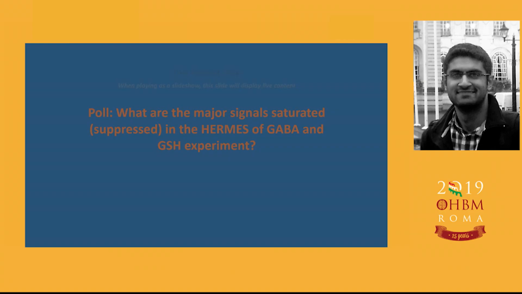All right. So let's look at the options here. So we have NAA at 2 ppm only. Again, it's important to check whether your sequence works or not, so you look at the subspectra. If you have subspectra where some of them show NAA is suppressed, that means you're not performing HERMES. You're probably performing GABA editing, because you're applying the editing pulse at 1.9 ppm. That saturates your NAA signal. Creatine at 3 ppm only, not sure what's happening.